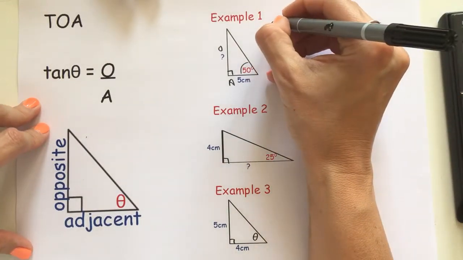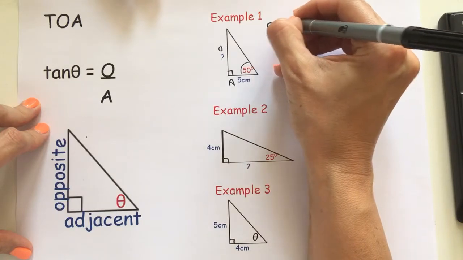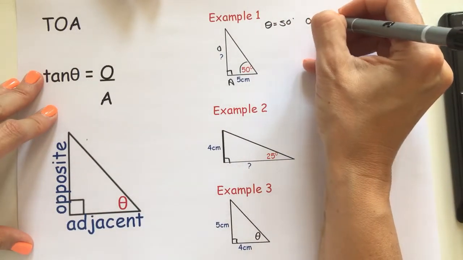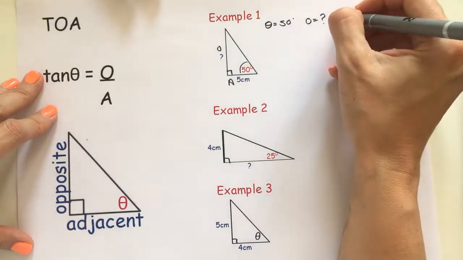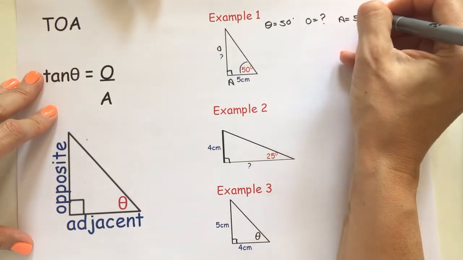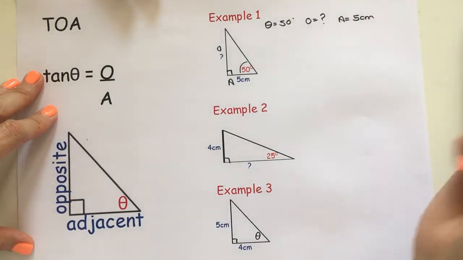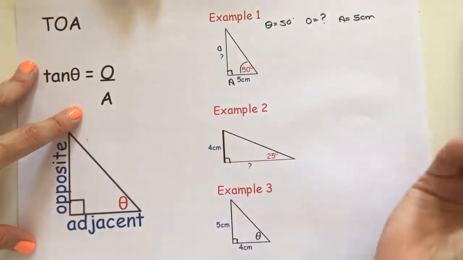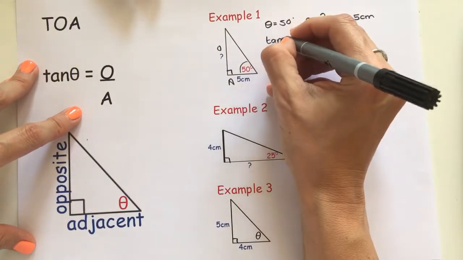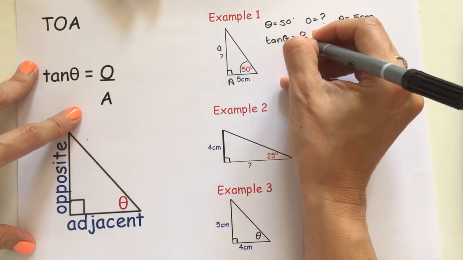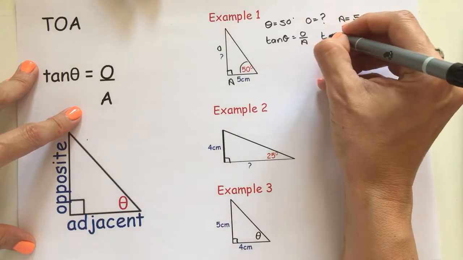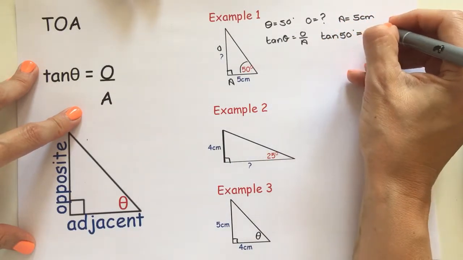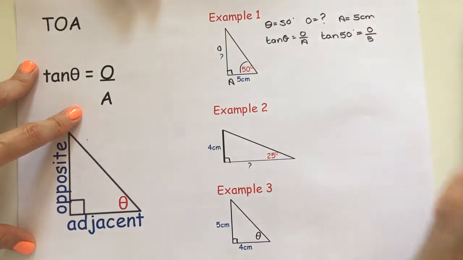So in this question we have an angle, our reference is theta, which is 50 degrees, O, which is what we're required to find out, and A, which is 5 centimeters. Now theta, O and A is tan, so tan theta equals O over A. Substitute the numbers in, so tan 50 degrees equals O over 5.